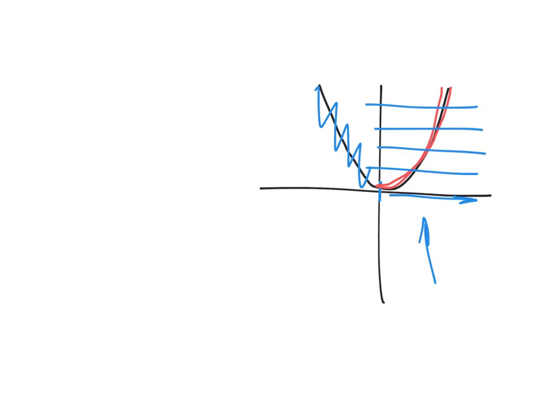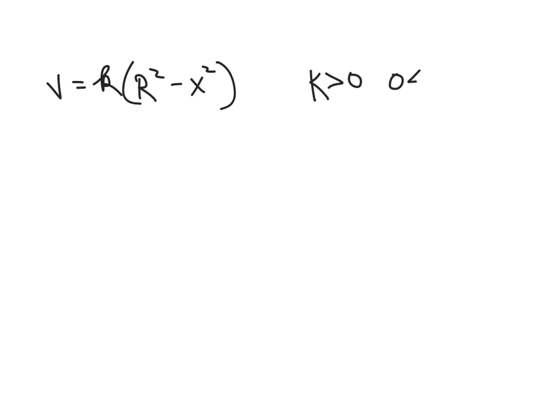In fact, let's look at example number 7. I don't understand the whole blood thing. Those of you that are going into nursing may, but they give you a formula that looks like this, when k is greater than 0 and 0 is less than or equal to x, which is less than or equal to r.